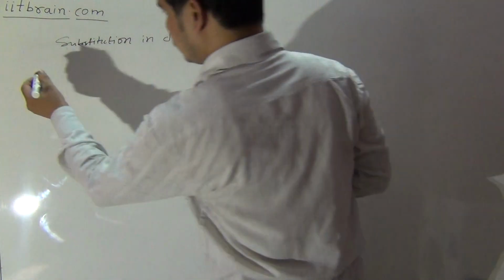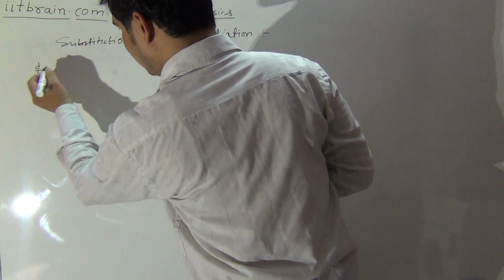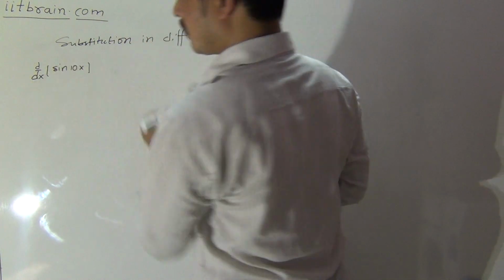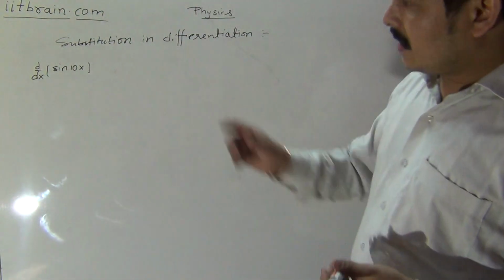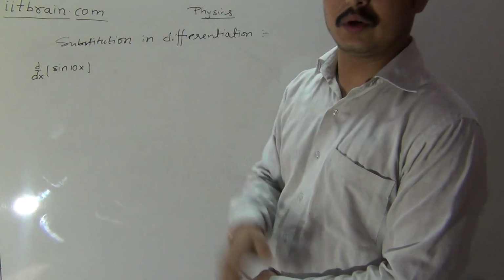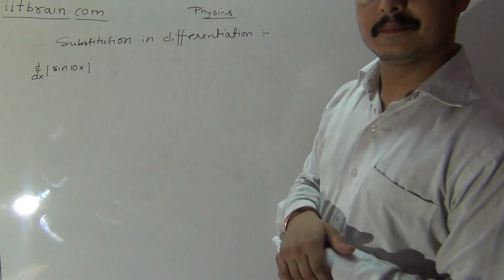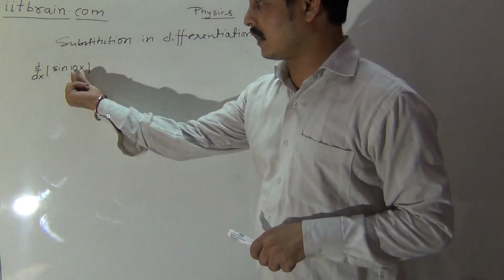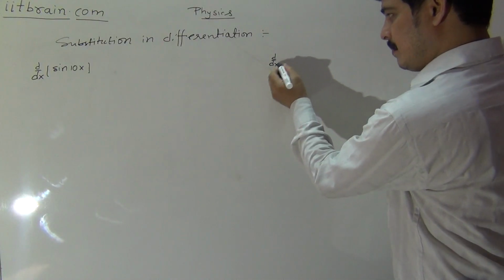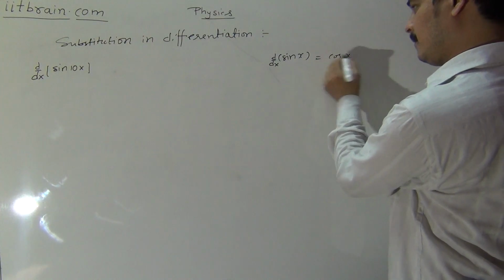Substitution in differentiation means, let us consider the problem in which you have to differentiate sine of tan x. Then formula है हमारे पास 13, लेकिन sin tan x is not included in that. We know the differentiation of sin x, it is cos x. And we also know the differentiation of tan x. If the question would be d by dx of sin x only, then you know the answer, it is cos x definitely.